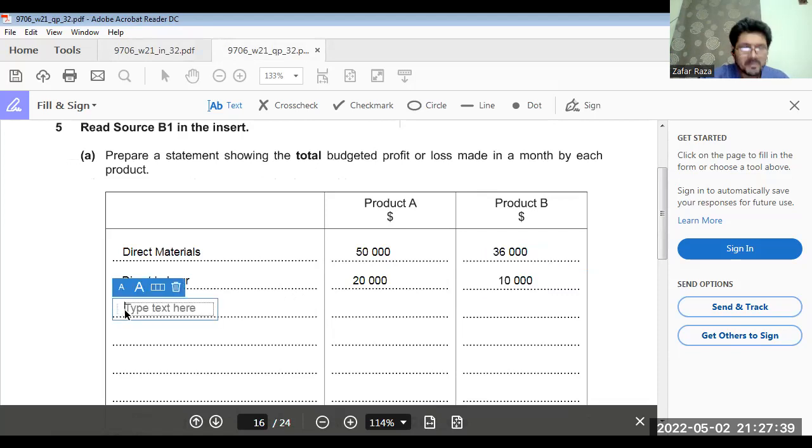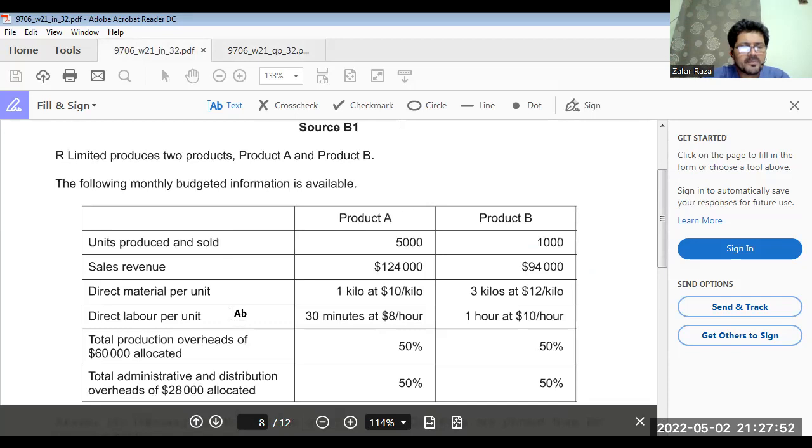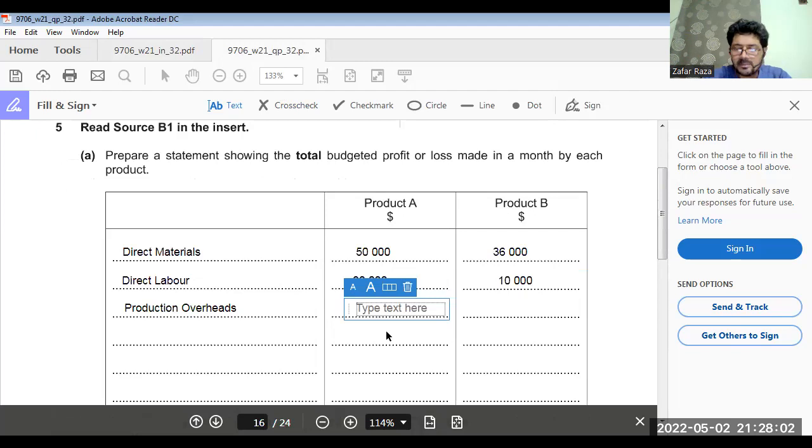And we have POH or production overhead. Now for production overheads, we have 50% out of 60,000. We have to allocate 50% to A and 50% to B. So that means 30,000 here and 30,000 here.